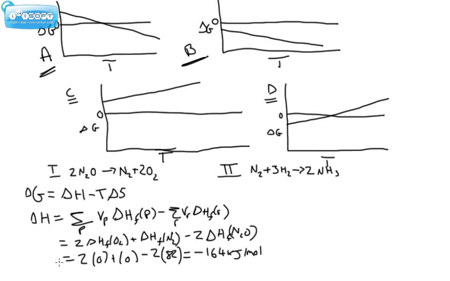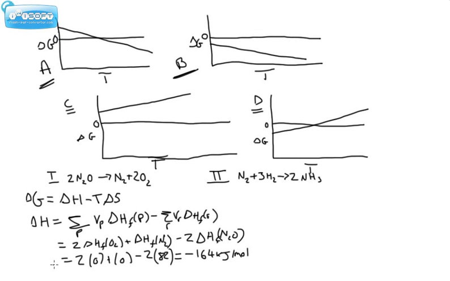The exact same equation can be applied to the delta S calculation. So let's do the same thing. Delta S equals, now in this case the heat of formation being 0 in its natural state does not apply for entropy. So we're going to use all the values.